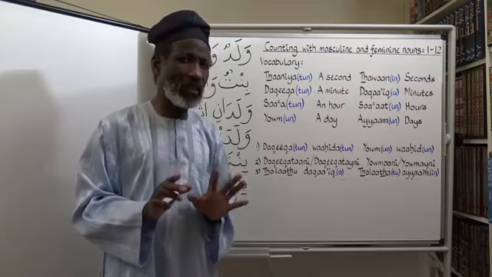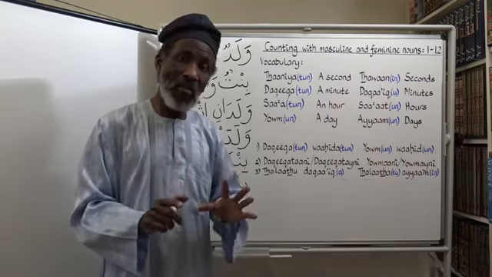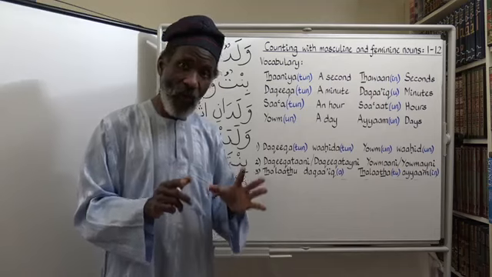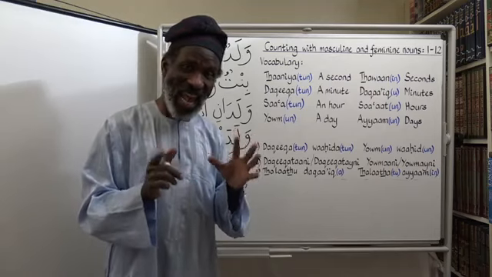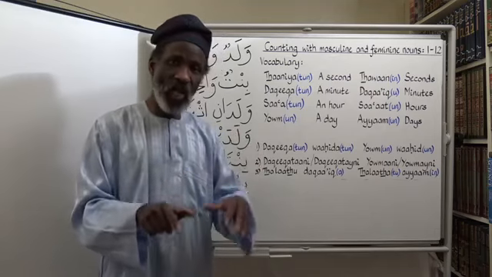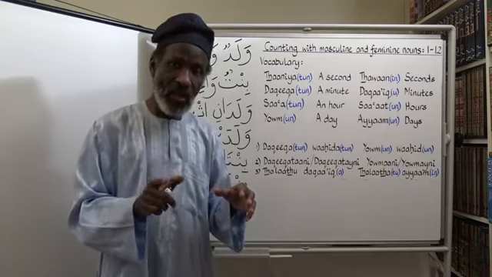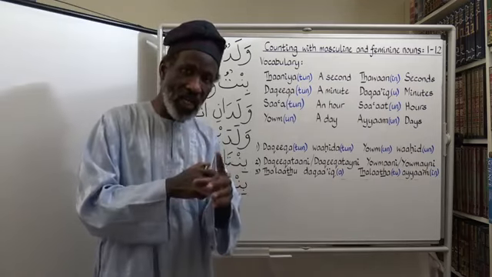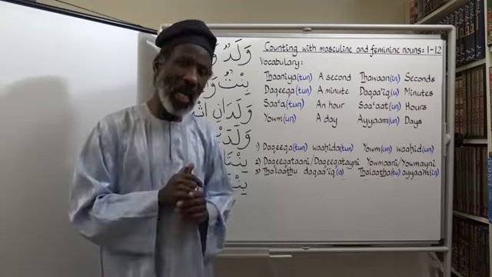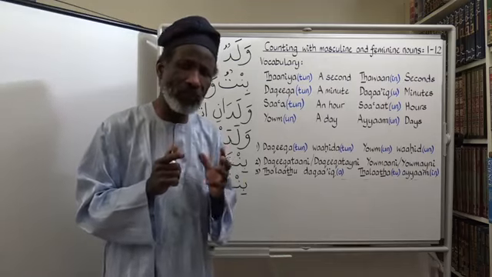Right, let's take it easy. Number 3, 4, 5, 6, 7, 8, 9. When you are counting, they must be in opposite gender to the noun being counted. What am I talking about?